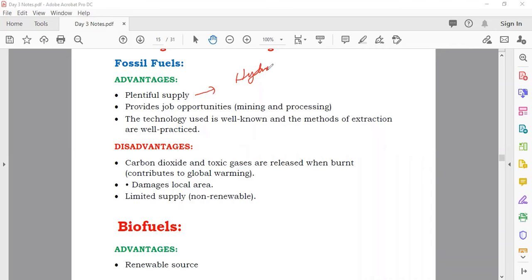So when you are using another method like hydroelectric, you need a dam. In the dam, water is stored. How much water will come here? It depends on some factors. Number one, rain factor. Number two, snow factor, like this.